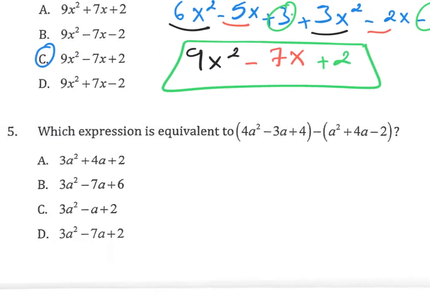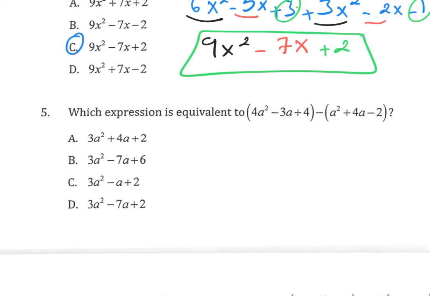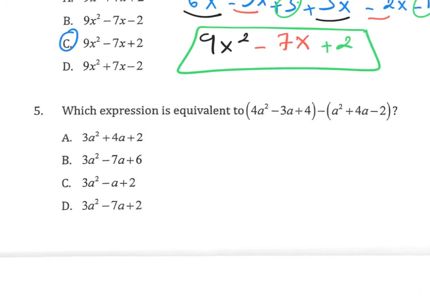All right, for number 5, we have to be careful because we have parentheses minus parentheses. So remember, it's like we have negative 1 here. The first one will remain the same. It's not going to be changed. It's going to be 4a squared minus 3a plus 4. And here we're going to change the sign.